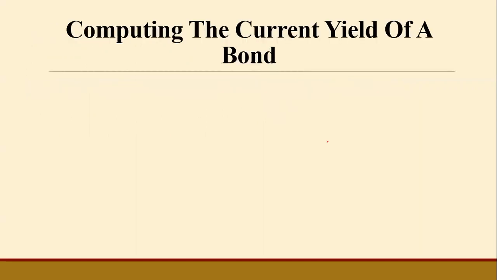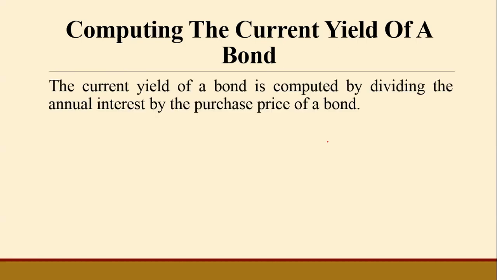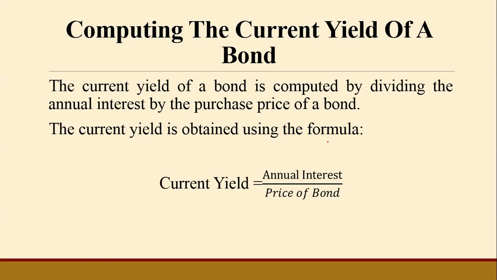Now we have computing the current yield of a bond. The current yield of a bond is computed by dividing the annual interest by the purchase price of a bond. The current yield is obtained using this formula.